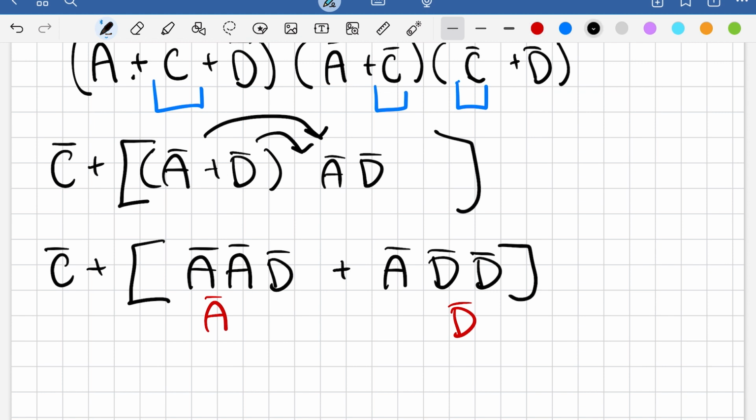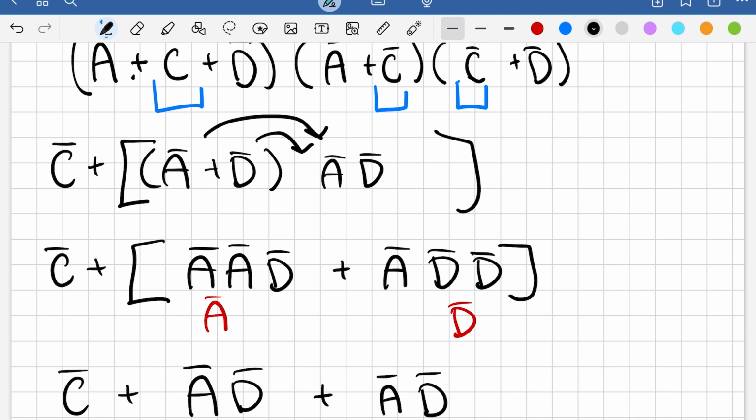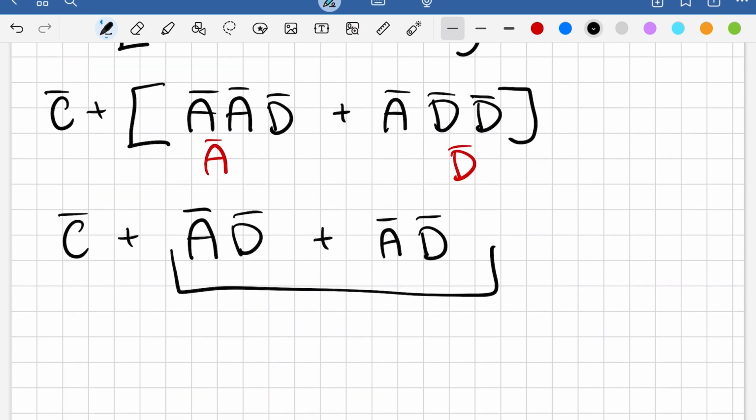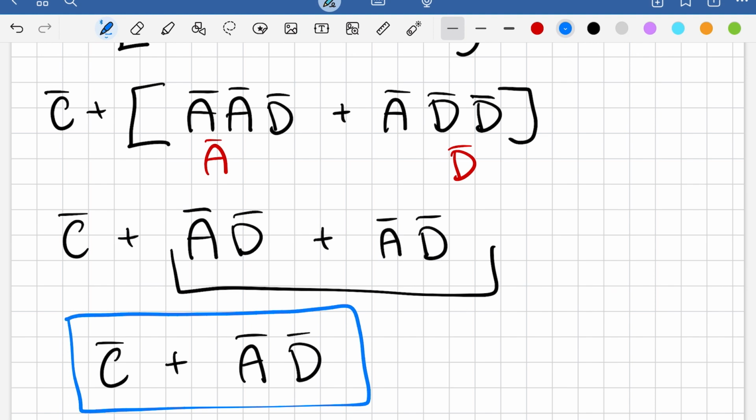So I can write this as c prime, or a prime, d prime, or a prime, d prime. Now when I see this, these two are exactly the same, so I don't need both. I just need one of them. So I say c prime, or a prime, or d prime. And that is our final answer.